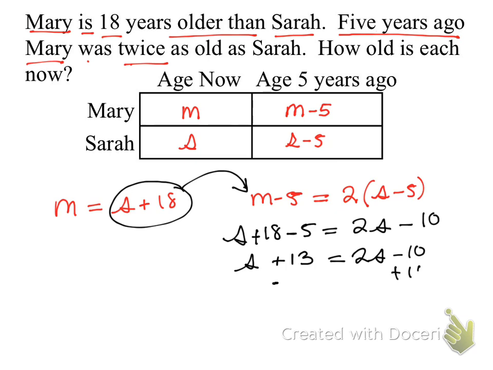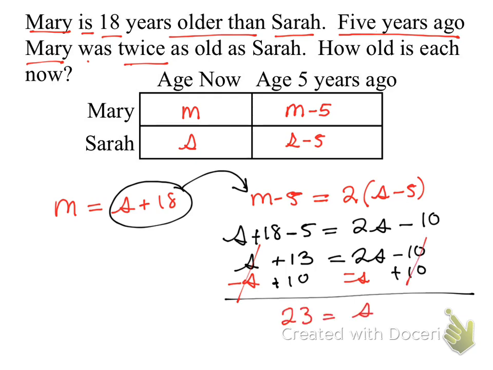Let's add 10. At the same time, I'm going to subtract S. They cancel. I get 23 equals S. So if M equals 23 plus 18, M equals 41.